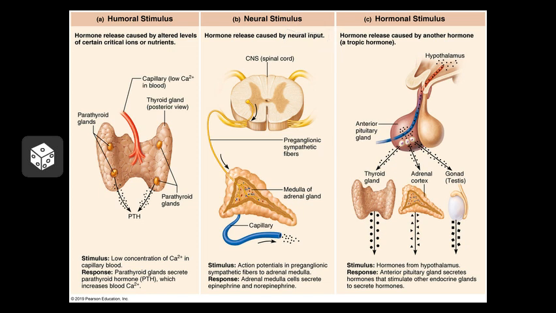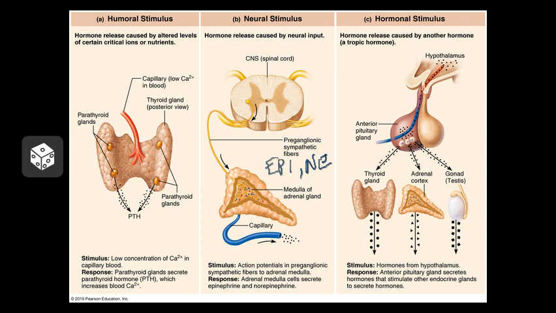And so again, if you studied the autonomic nervous system, this should be familiar: a signal from the central nervous system through the sympathetic pathway to the adrenal medulla, and that adrenal medulla is modified neural tissue that will secrete a neurohormone called mostly epinephrine, but also a little norepinephrine.